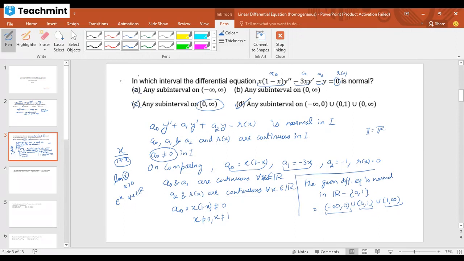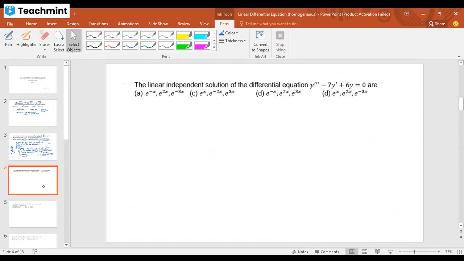And this one is again not the correct one because 0 and 1 belong to the interval R. If this option is not given here, then we can pick this particular option also, because this is a sub interval of this interval. But because we are given option D, the most suitable option is option D only in this case.